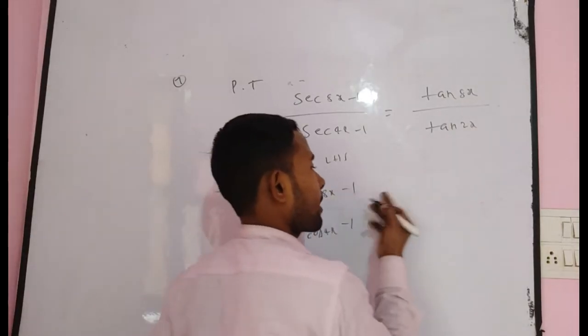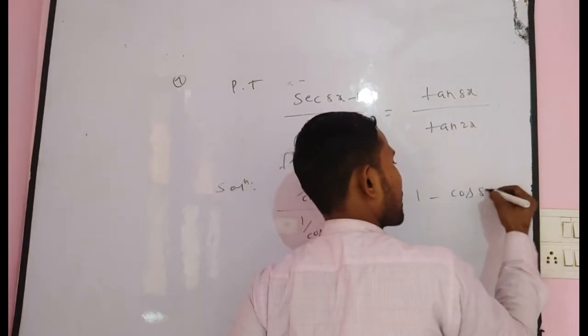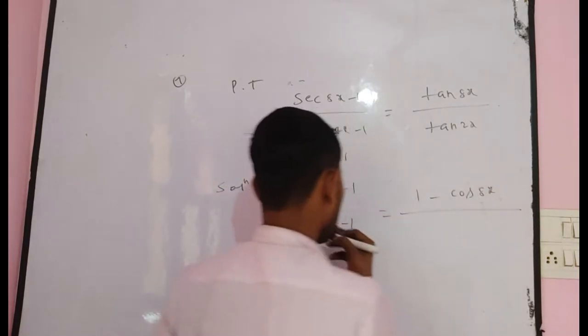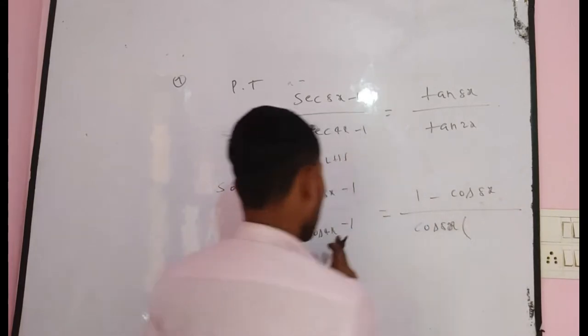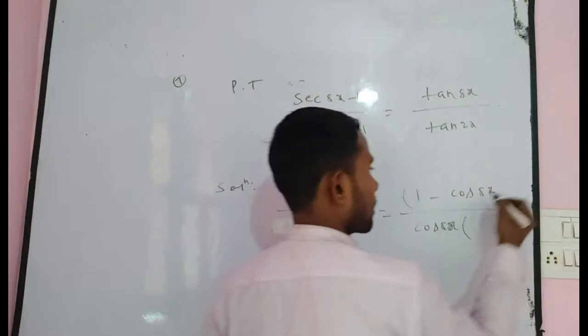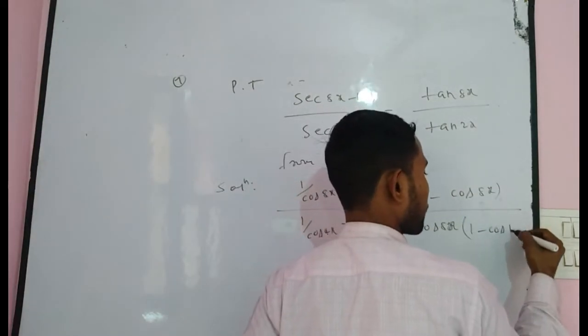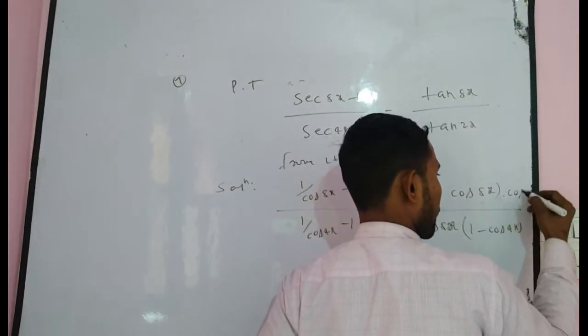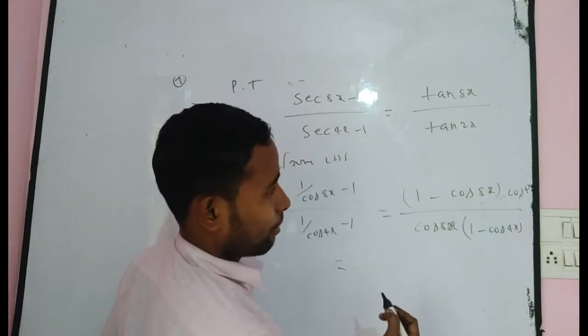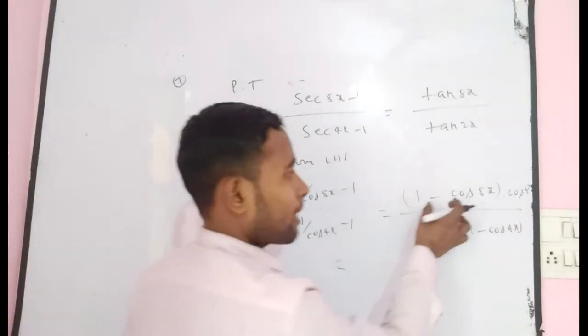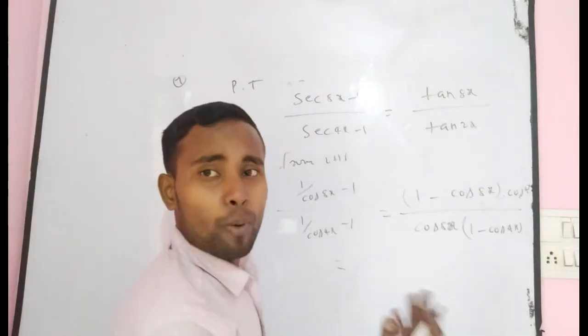Here 1 by cos 2x minus 1, that means it can be written as 1 minus cos 2x divided by cos 2x in the denominator, into 1 minus cos 4x by cos 4x. You get this expression. Now you have to simply think about this formula: 1 minus cos 8x will be what?